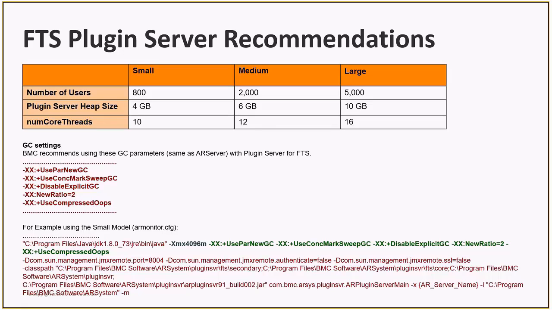There's a line here that's highlighted that shows the -Xmx, which shows the size of the process. This is 4 GB for a small plugin server. And then the GC settings in the green highlight there, we want to make sure all these are spelled that way on this line so that the server will use these GC settings.